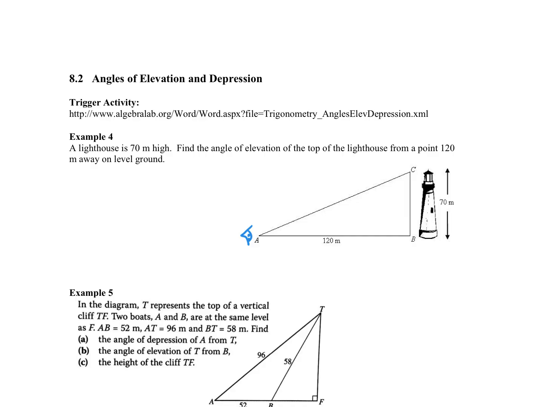Assuming you lie on the floor, they say find the angle of elevation of the top of the lighthouse that is 120 meters away. The important thing is, I don't care logical or not logical, your eyeball is there. So this is your eye level. Angle of elevation is how much you look up.